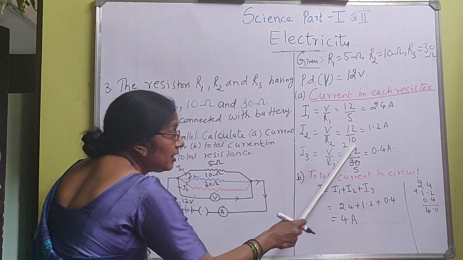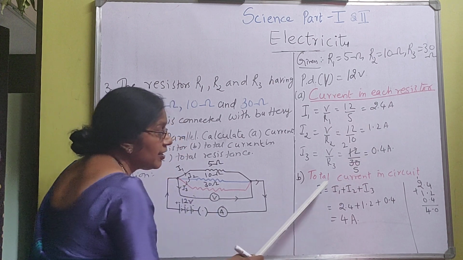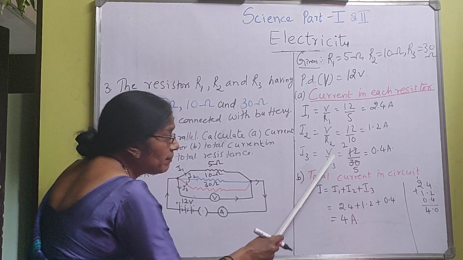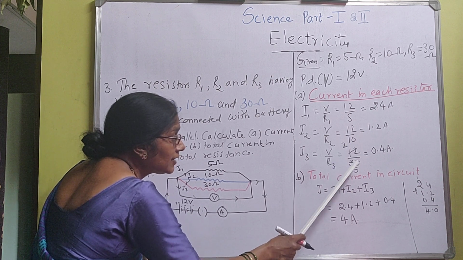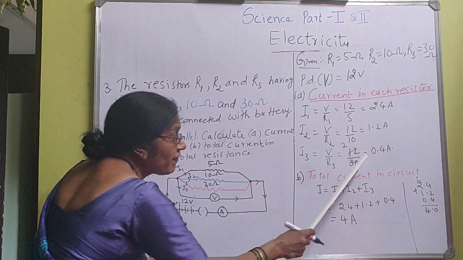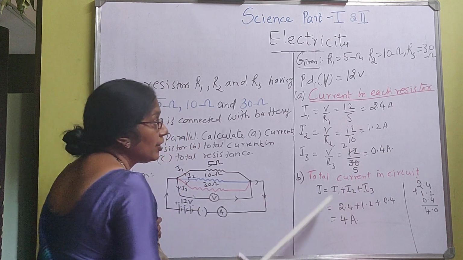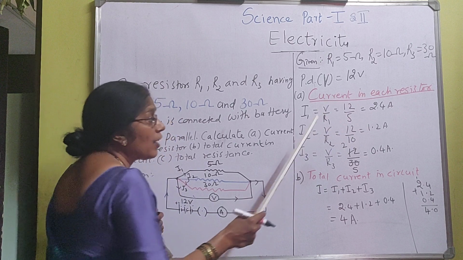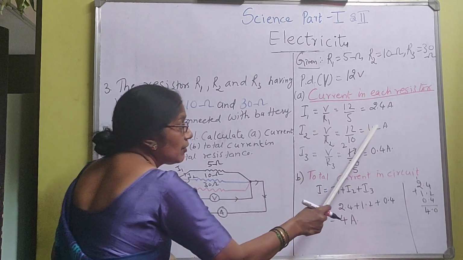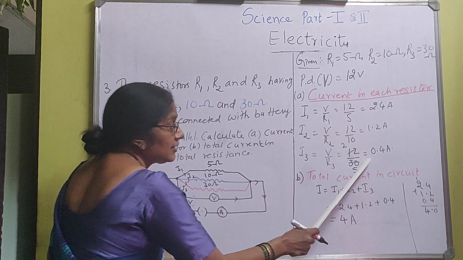Converted into a decimal, we get 1.2 amperes. What is I3? V by R3, 12 by 30. 6 2s are 12, 6 5s are 30, so 2 by 5 is 0.4 ampere. So in I1 the current is 2.4 amperes, in I2 the current is 1.2 amperes, and in I3 the current is 0.4 ampere.